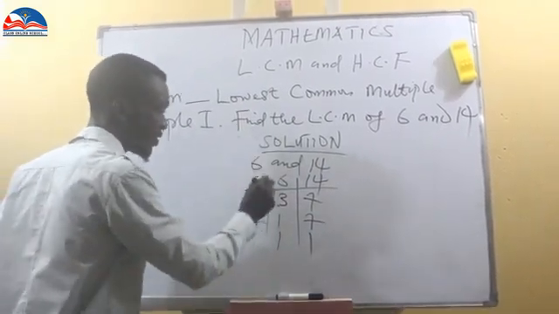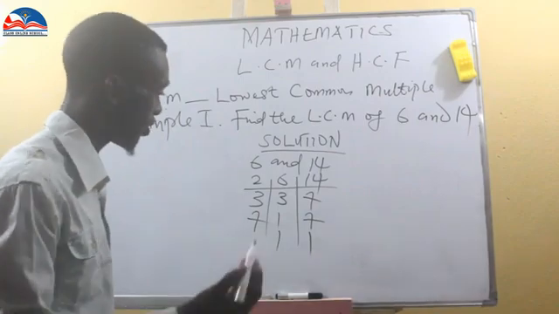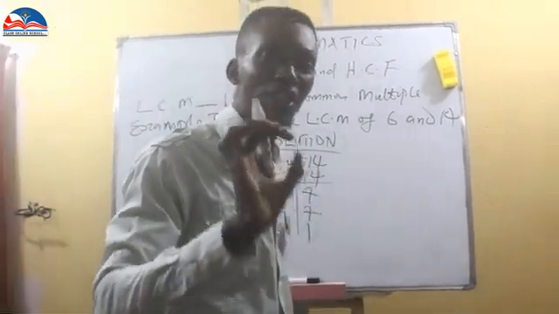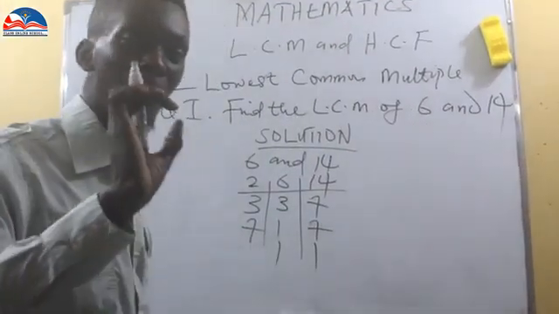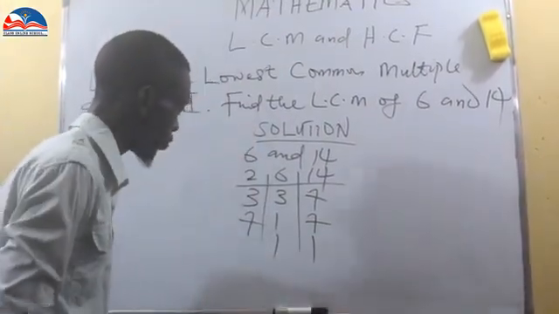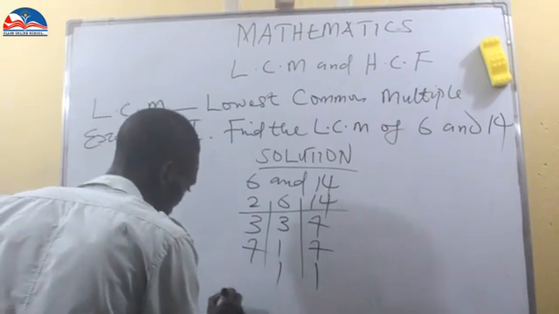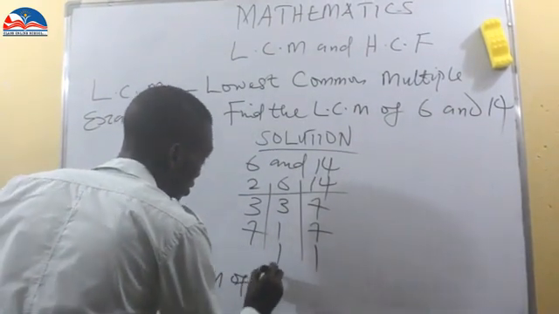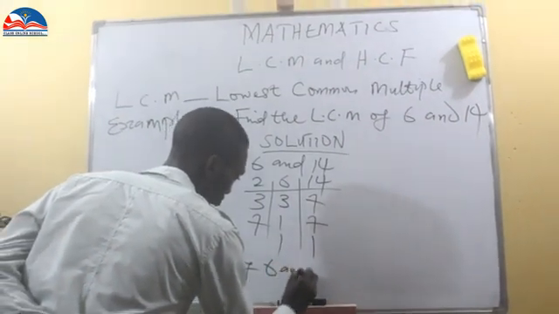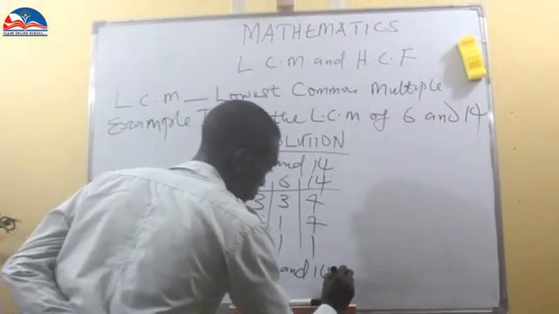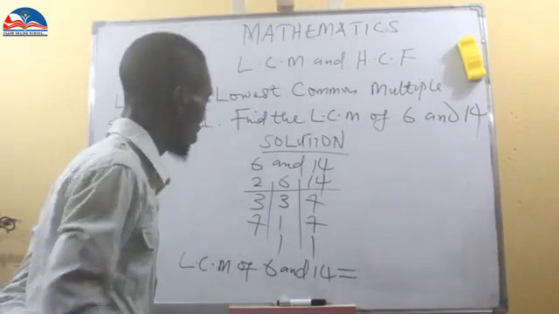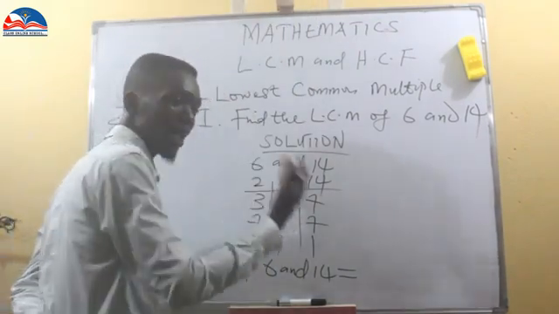Now, what you do next is bring out the numbers that you used in dividing them and multiply them by each other. The LCM of 6 and 14 will now be equal to these numbers multiplied together.